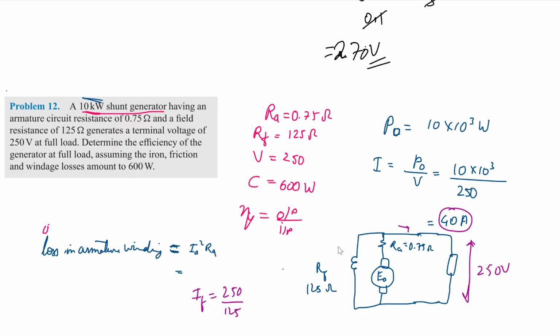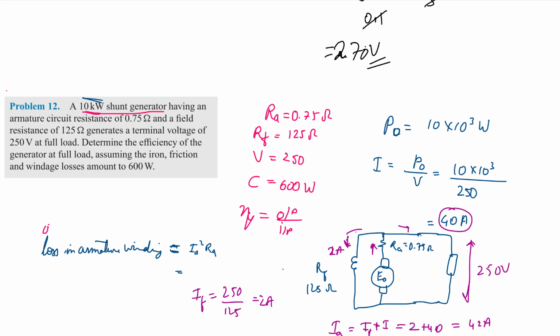So this IF is taking 2 ampere here. Okay. So from here, armature current, this is going 2 ampere here and 40 ampere here. So IA is equal to IF plus I, which is 2 plus 40, which is equal to 42 amp. So armature current we got now.